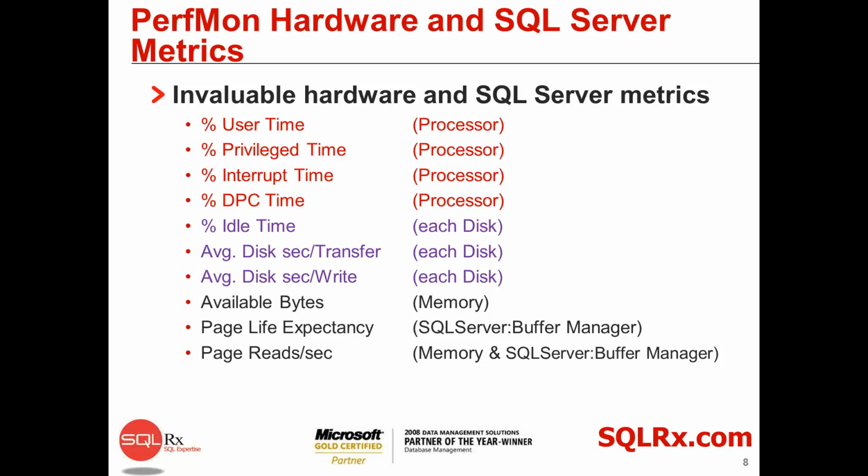So one of the things that people want to look at is percent processor time. If it's consistently more than 70% overall, then you have a problem. You'll see this go up and down for individual processors. That's usually not a big deal, especially if you have queries that run on a few processors at a time and then go away.